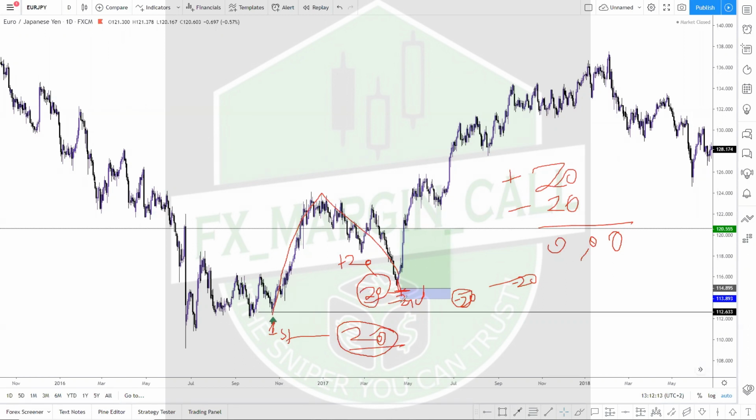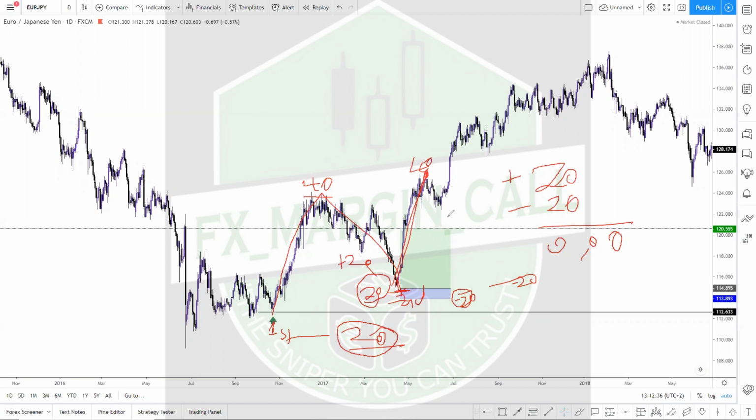But if the market rallies to the upside, remember the distance it takes to push to the upside. Let's say when the price is here, we have plus $40 from the first trade.